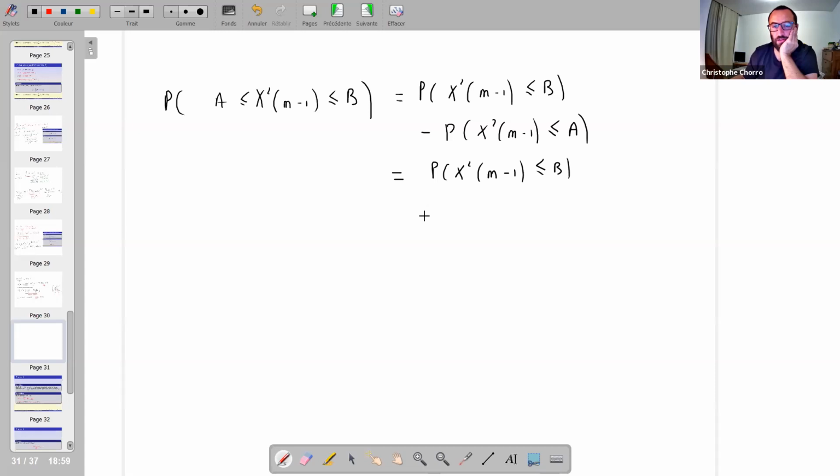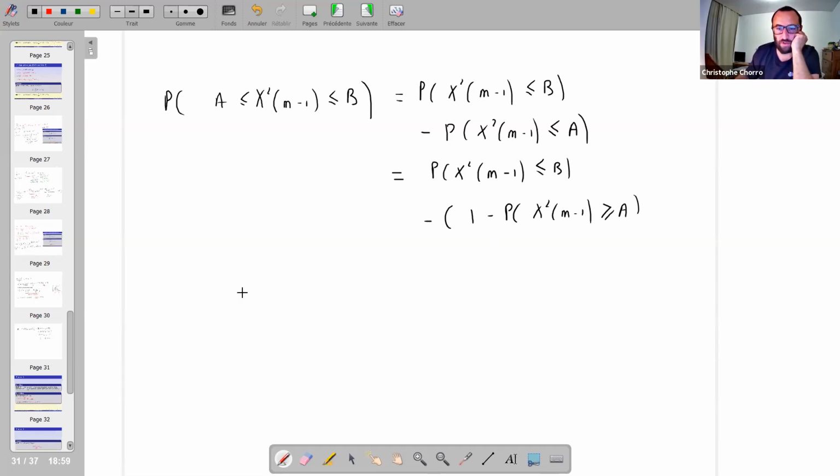To be clearer, it is the probability that my chi-square of parameter n minus 1 is less than B, minus 1, minus the probability that my chi-square of parameter n minus 1 is greater than A. I can put a strict or a large inequality, whatever, because I deal with a continuous density.